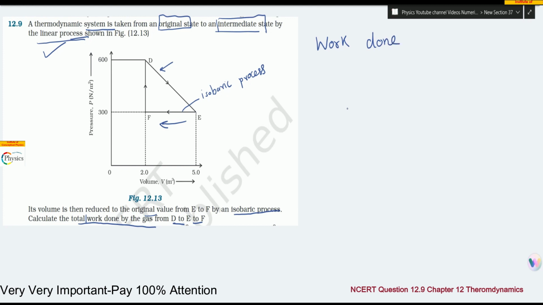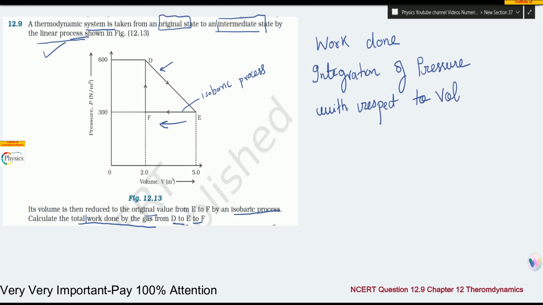The rule for calculating the work done is that you have to do integration of pressure with respect to volume, from V initial to V final. This is the general way you solve for work done, and you have to know it if you're given equations.